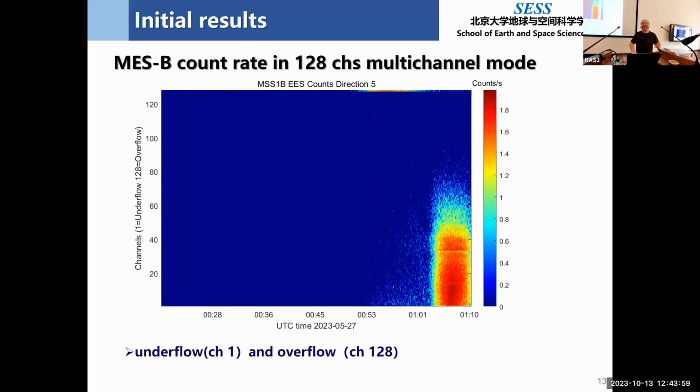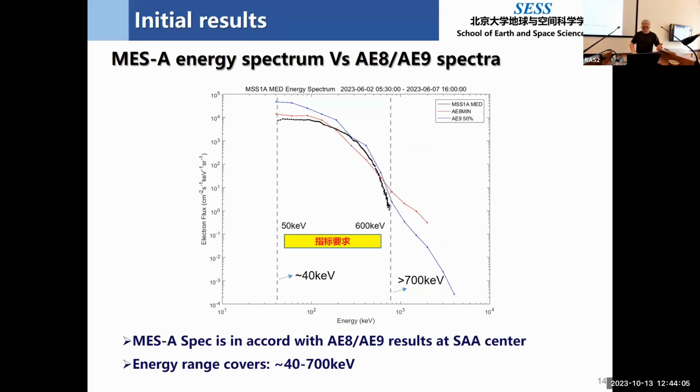This is the B satellite observation. Okay, we can compare the energy spectrum of the mid-energy electron spectrum with the radiation belt models, like AE8 or AE9.